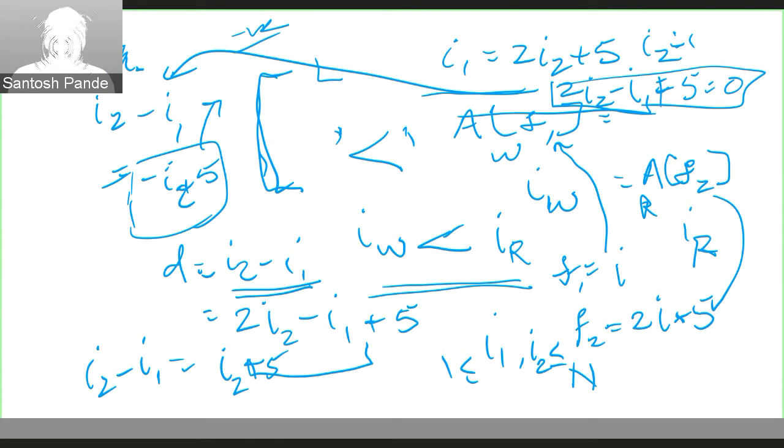Now, remember that if this distance, whatever that is, minus I2 plus 5, either one is dependence preventing, and let's just assume that we have an anti-dependence in this particular case because of the references. Because minus I2 plus 5 is negative, and it is growing, as you can see, with I2.